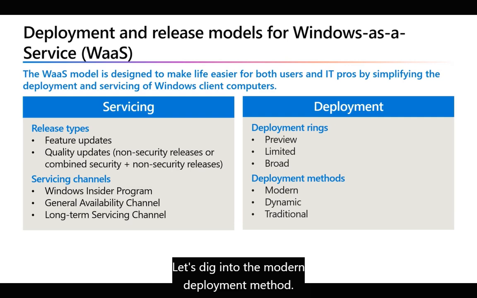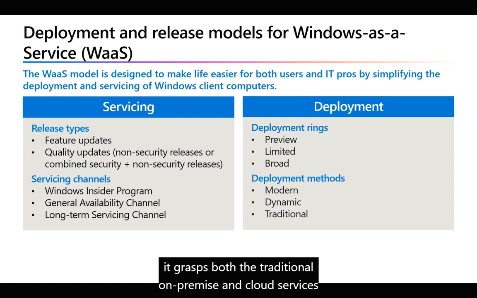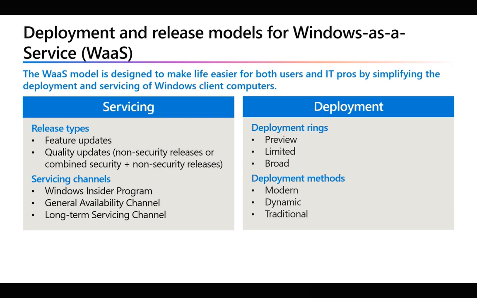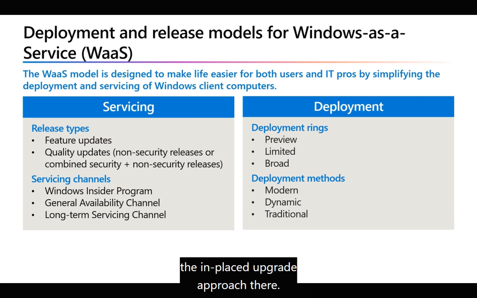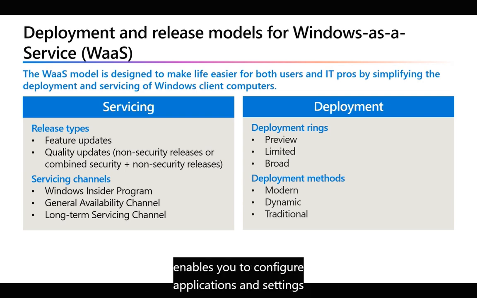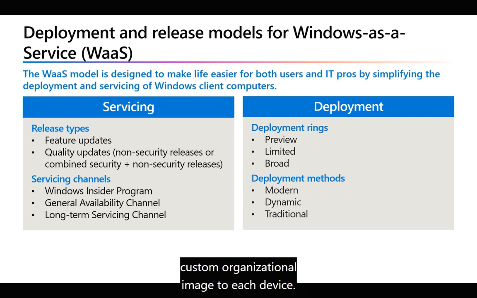Let's dig into the modern deployment method. While we're looking at that, it embraces both the traditional on-premises and cloud services to deliver a streamlined and cost-effective deployment experience. So we're talking Windows Autopilot or the in-place upgrade approach there. Now, a dynamic deployment method enables you to configure applications and settings for specific use cases without having to deploy a new custom organizational image to each device.